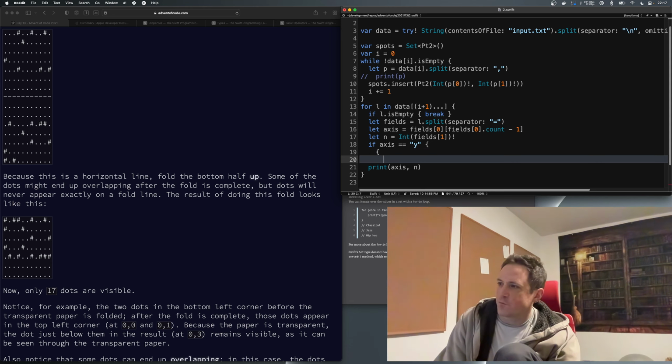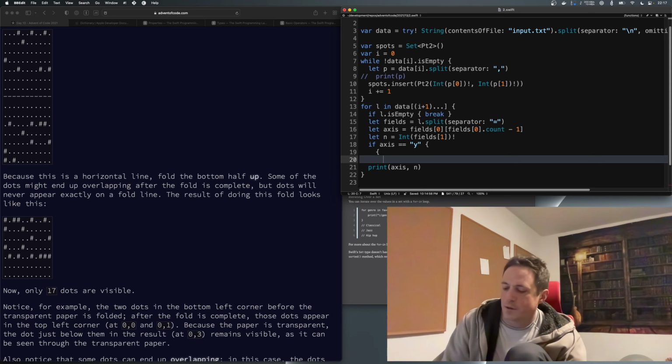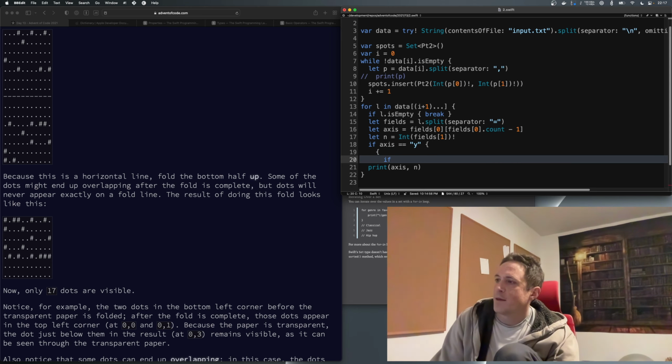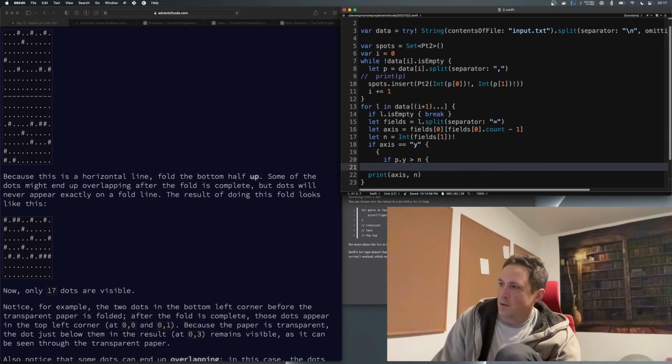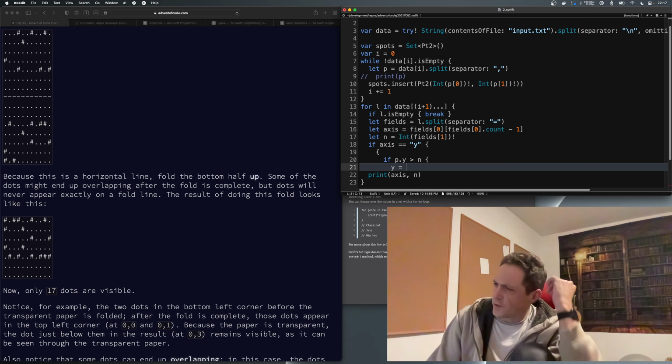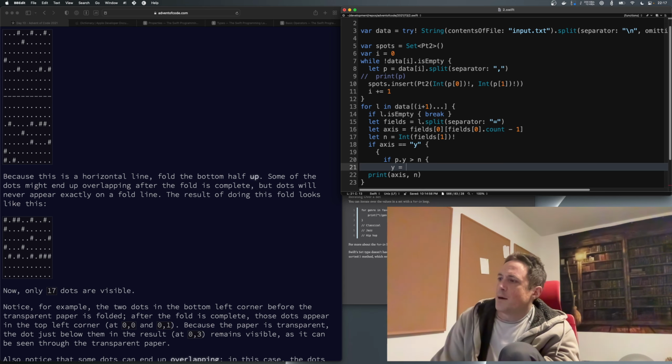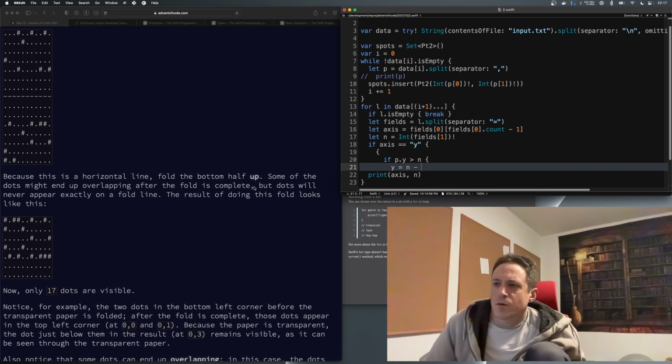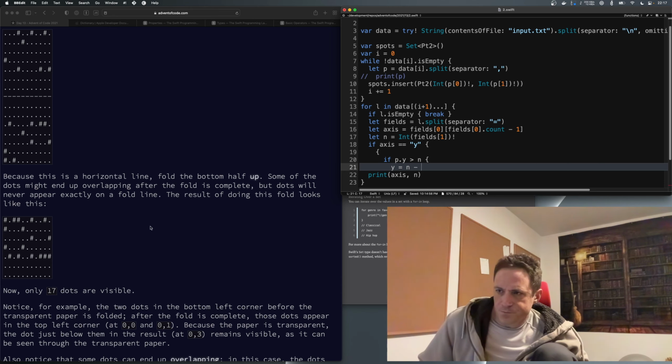Whatever. Let's just write the logic, right? If py is greater than n, then y is going to be n minus. Hold on. Some of the dots will never appear exactly on a fold line.